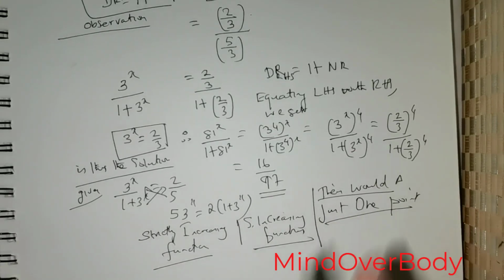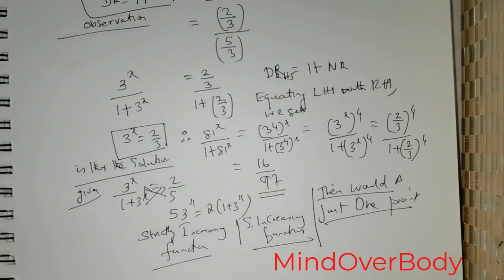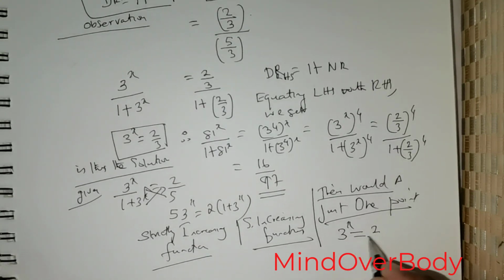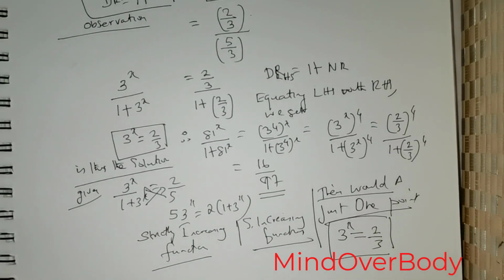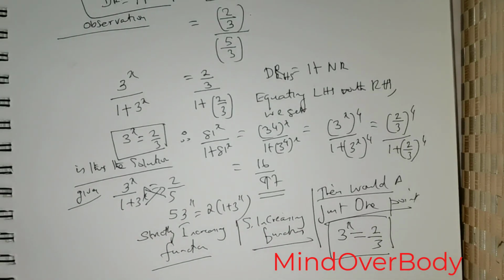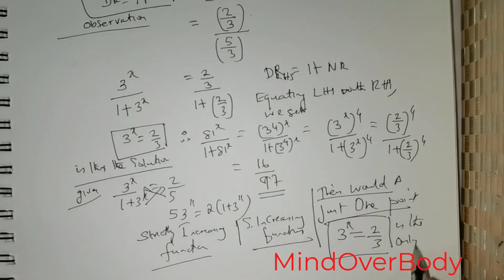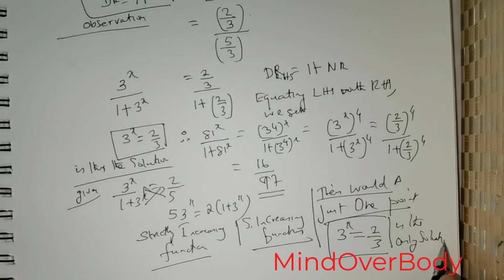That's it. Just at one point they will meet. And that one point is 3 raised to the power of x is equal to 2 over 3. In other words, telling it in algebraic terms, 3 raised to the power of x is equal to 2 over 3 is the only solution to this question.